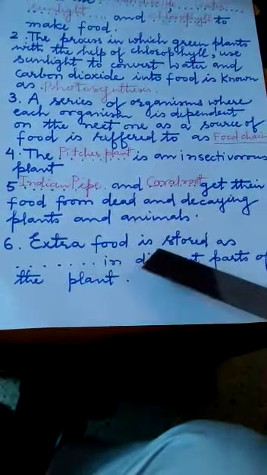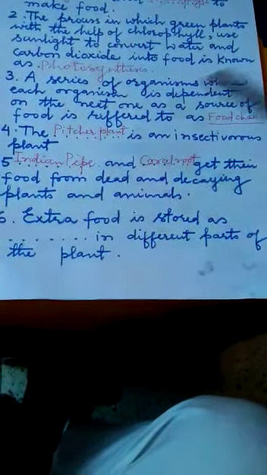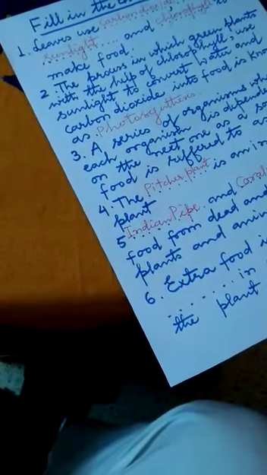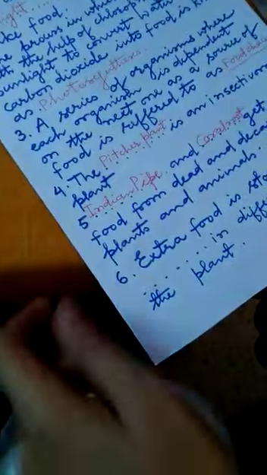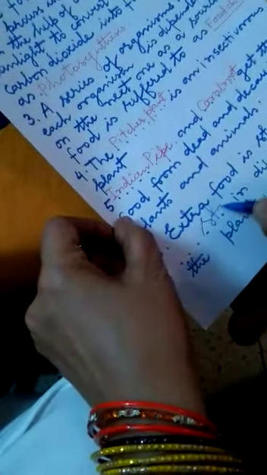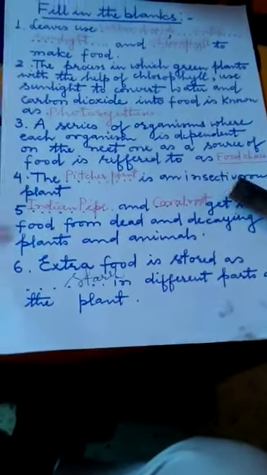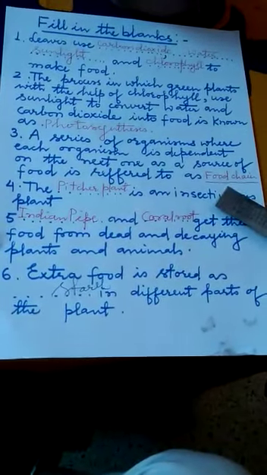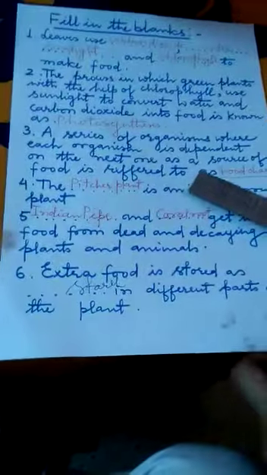And extra food is stored as starch in different parts of the plant, as we see that the carrot is a root that stores starch, and the potato is a stem.